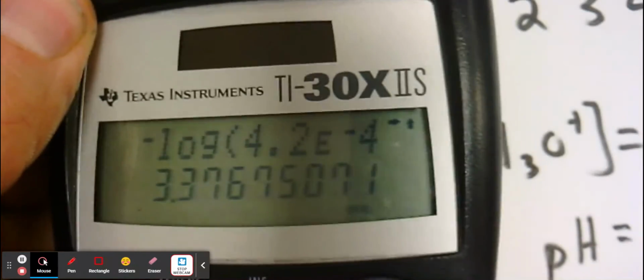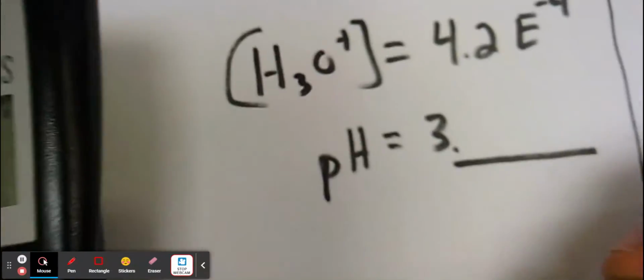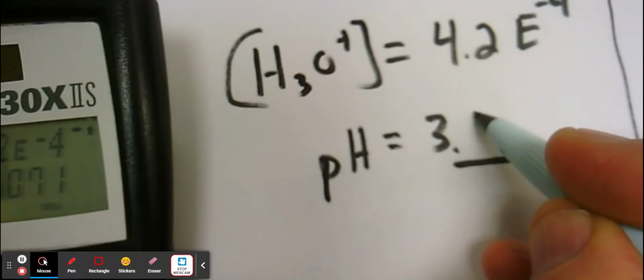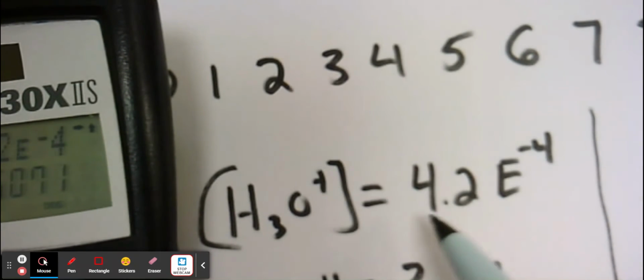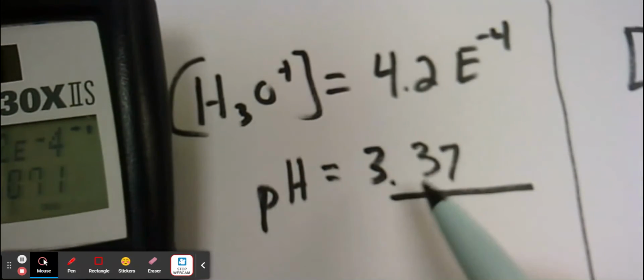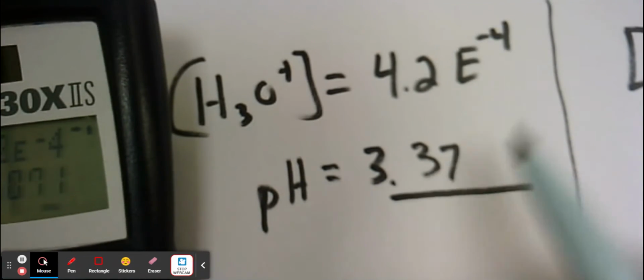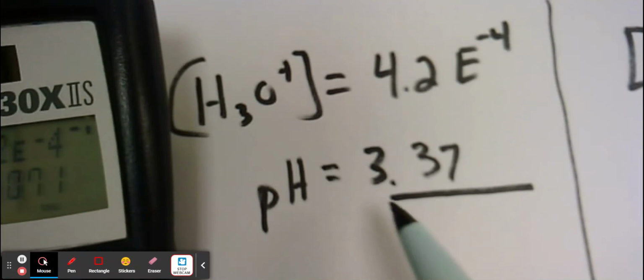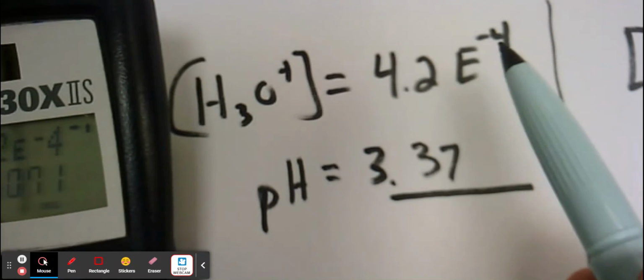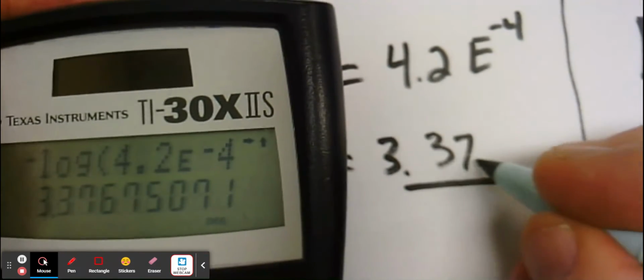All right, that's my pH for the first one: 3.37. And I have two sig figs here. That goes into these two. That thing there is the magnitude. It's not a sig fig. These two would be my sig figs, so that would round to 3.38.